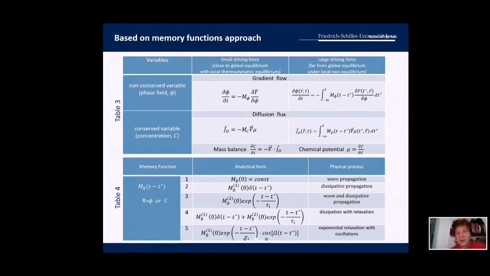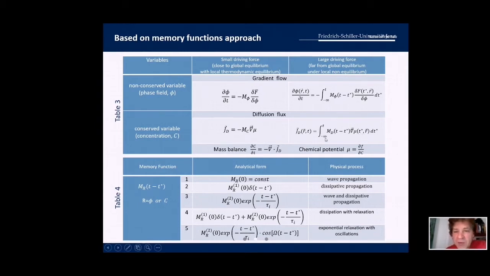So in the case of diffusion of atoms, we have also taken into account that our diffusion flux relaxes to equilibrium through the prehistory, through the memory kernel M_D and gradient of T star.